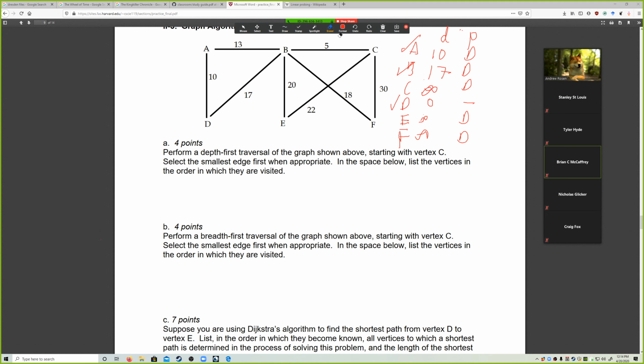Yes, it is. So we say we can get here from B for a grand total of the 5 it took to go from B to C and the 17 it took to get to B. So 23. And do the similar for E, which would be 37.